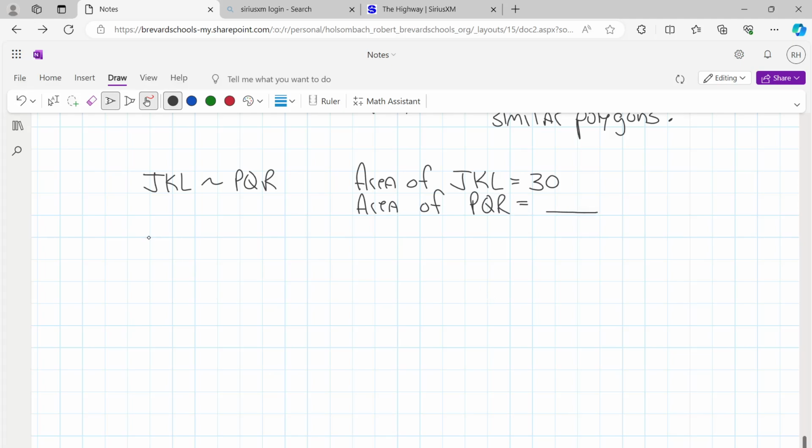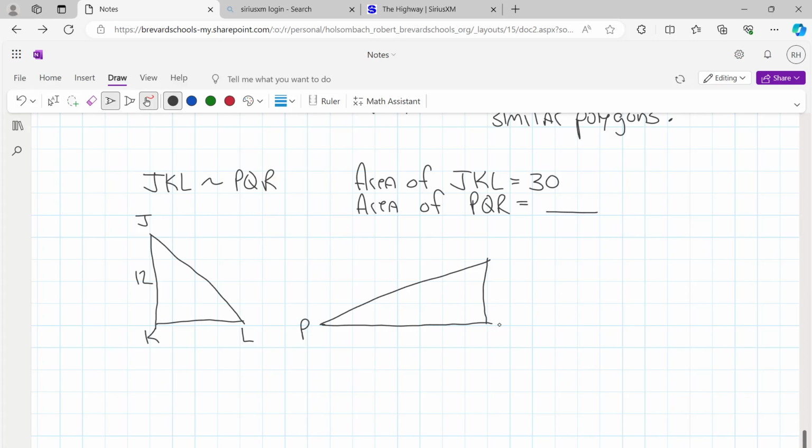So you've got the one shape kind of turned up this way. This is JKL, and this side JK is 12. And then your other shape is rotated and bigger, PQR. This side PQ is 15.